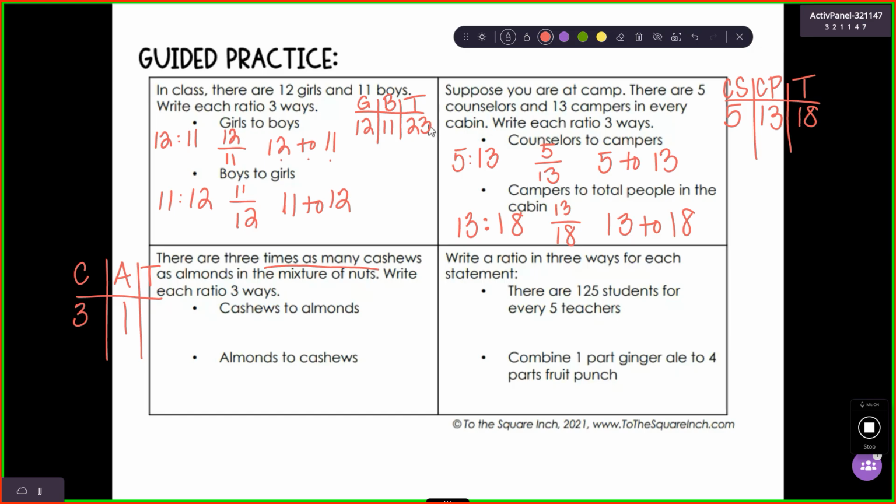What's the first category they mentioned? Cashews. Times as many means 3. The other part represents 1. Is it going to be the first category that's 1? No, it's going to be the second. Our second was almonds, and we have it listed as 1. Am I done? No, what's my total? 3 plus 1 is 4.